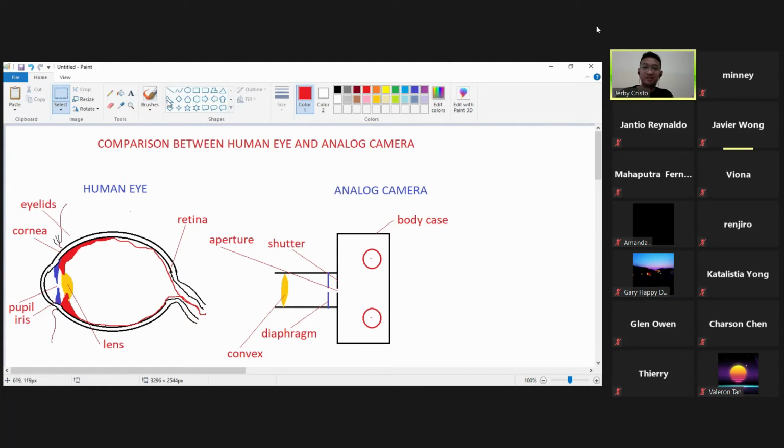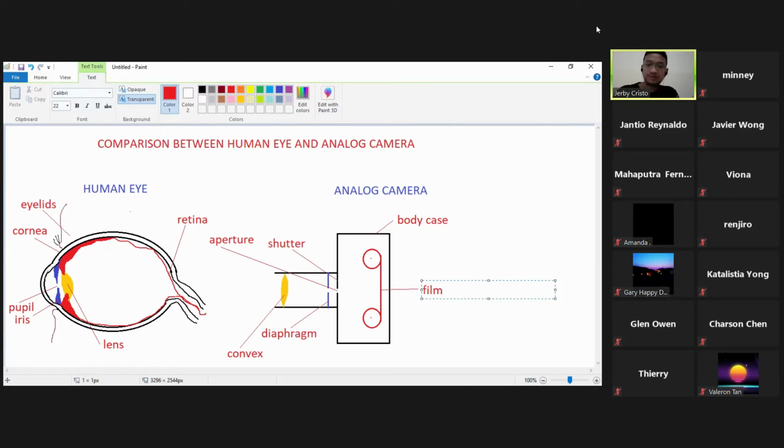We call that the film. So this one is the film. It's like a plastic material, which is very sensitive to light. Okay, so the image is registered at this part. So we call this the film, and the film is used to develop the picture.